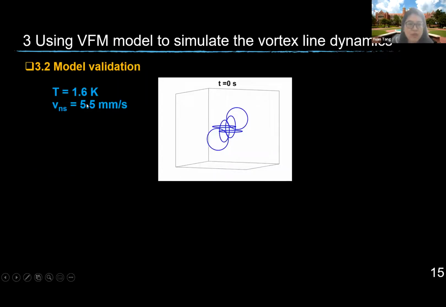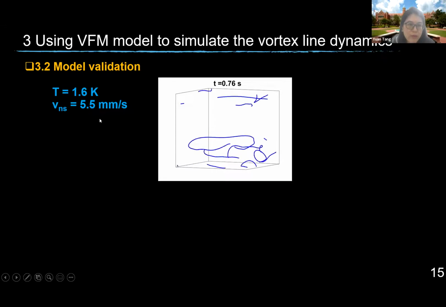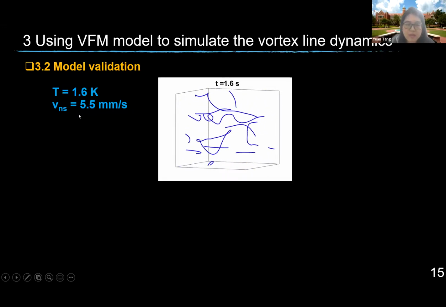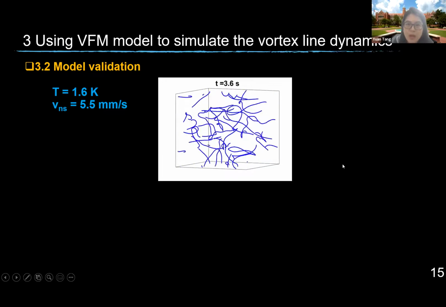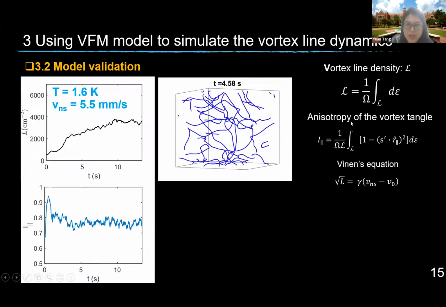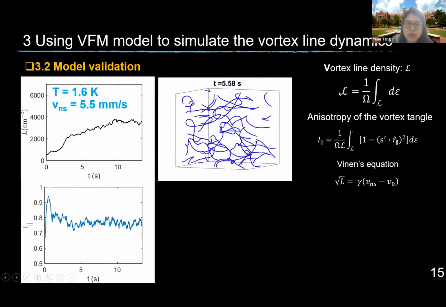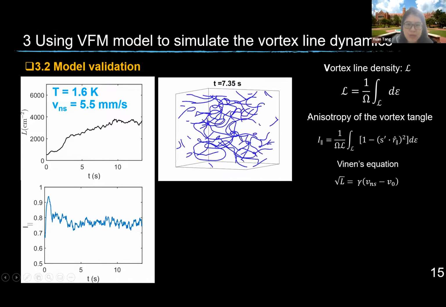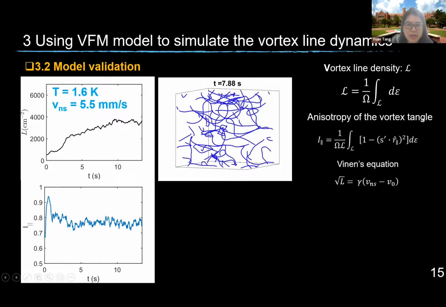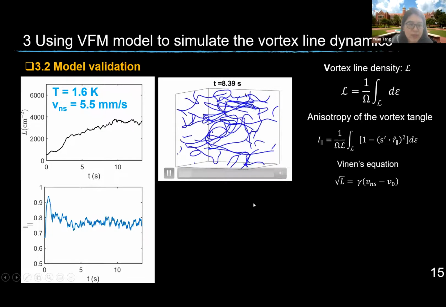We then used the above method to conduct a simulation here. The vortices are evolved from 6 rings. This is a typical video for 1.6 K and a counterflow velocity of 5.5 millimeter per second. We calculated the time evolution of the vortex line density and counterflow direction anisotropy of the vortex tangle based on the data shown in this video.